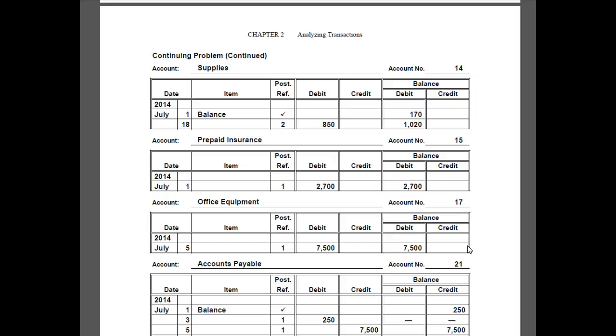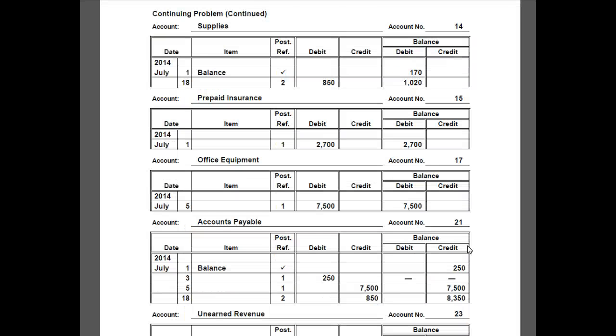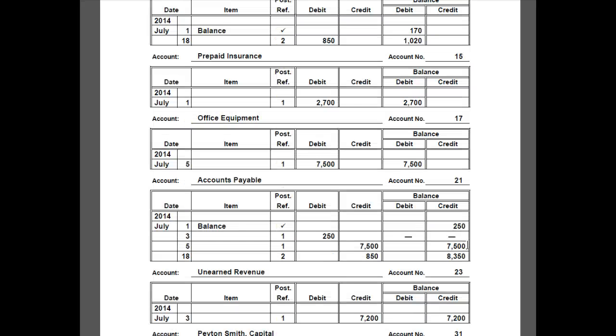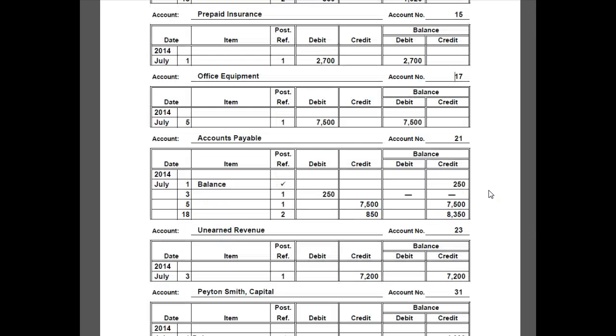Now, all of these would be on separate pages. These are kind of jumbled together just for the sake of the problem. But these would all be on separate pages. You'll see the account number here, and the dates here when they occurred, and the post reference.